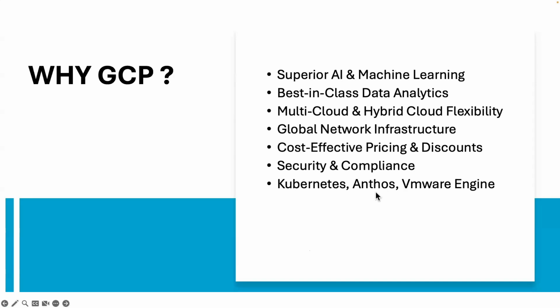This is a very interesting concept. There is also VMware Engine, which makes hybrid computing or migration very easy. These are some of the exclusive features of Google Cloud, which make a difference compared with the other clouds.